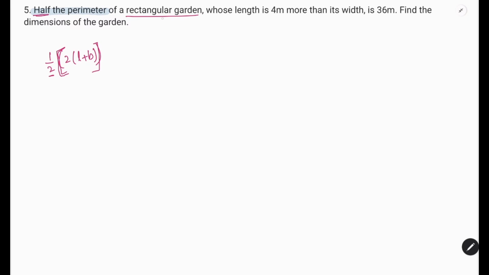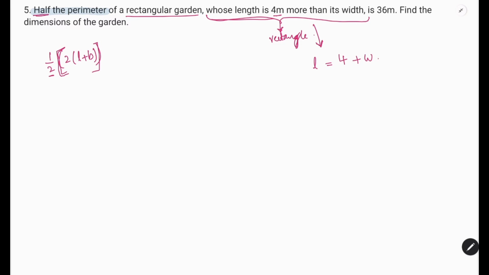See here, the information about the dimensions of a rectangle is given. Okay, these are the dimensions of the rectangular garden. See here what is given: length of the rectangular garden equal to 4 meters more than its width.